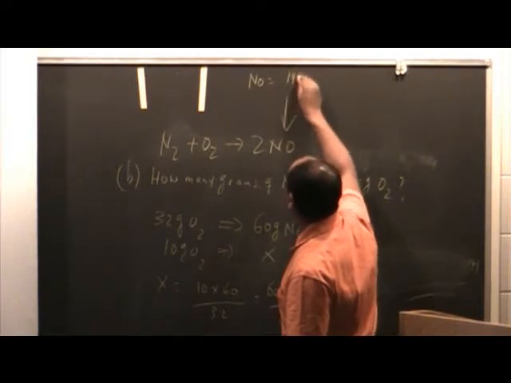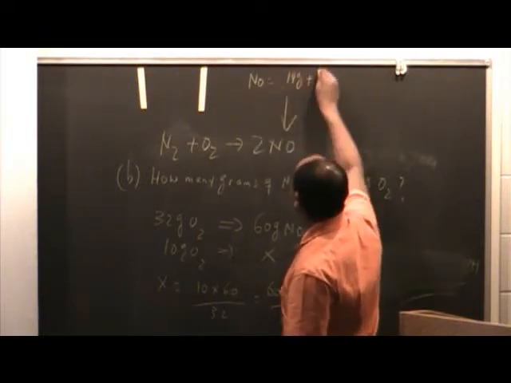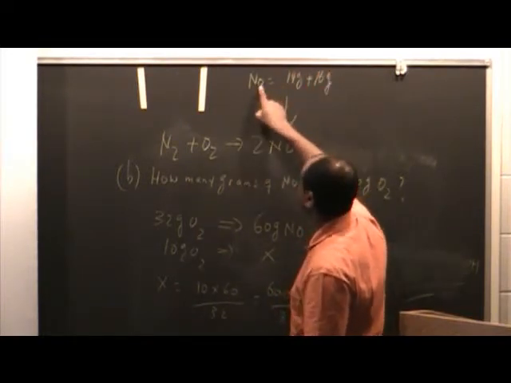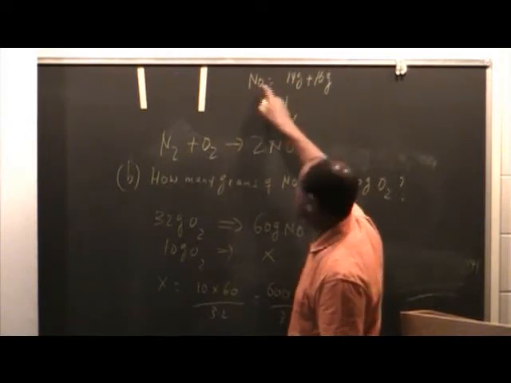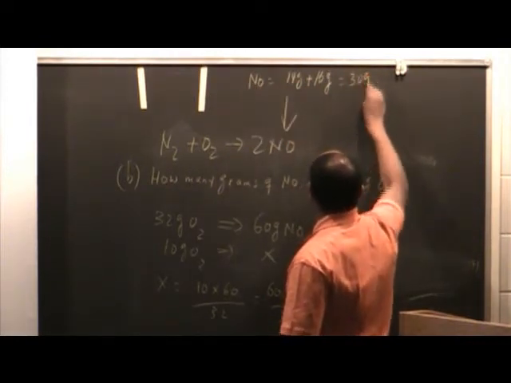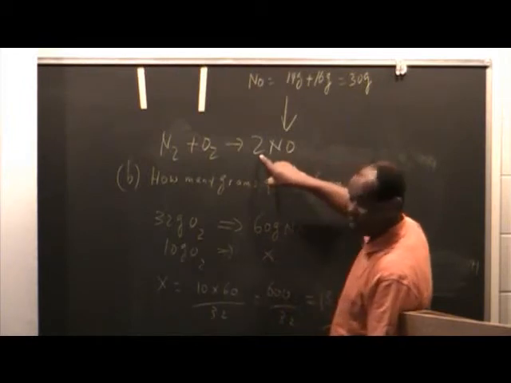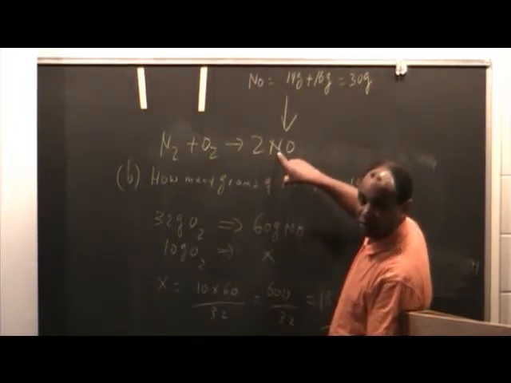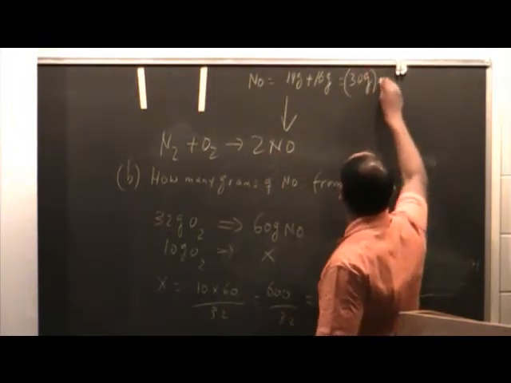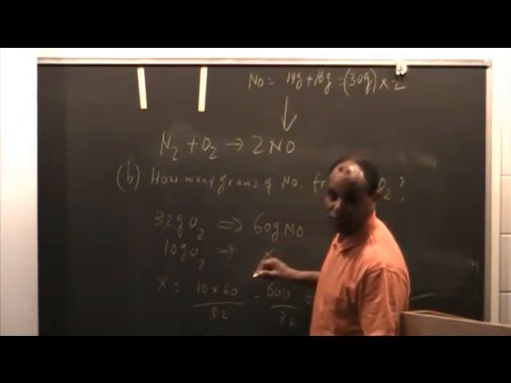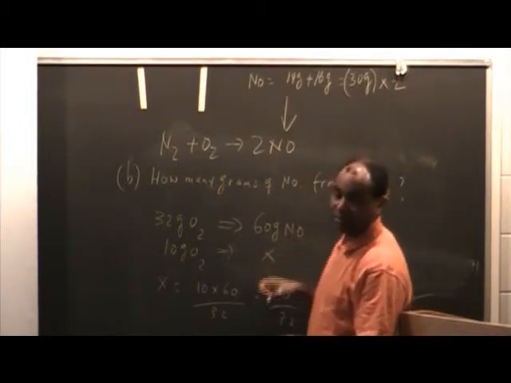N is 14 grams, oxygen has 16 grams, the atomic weight of oxygen. That is 30. However, when you look at the balanced equation, you have 2 times NO. So you have to multiply this by 2. That's how you came up with 60 grams of NO.